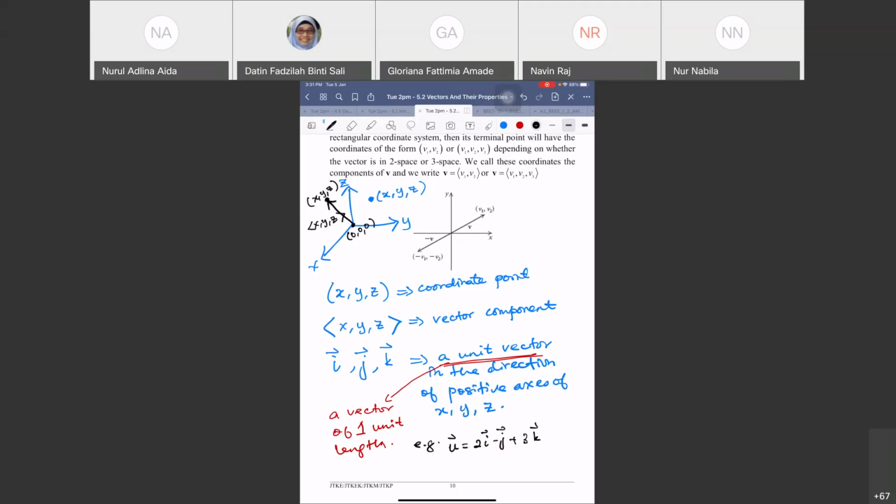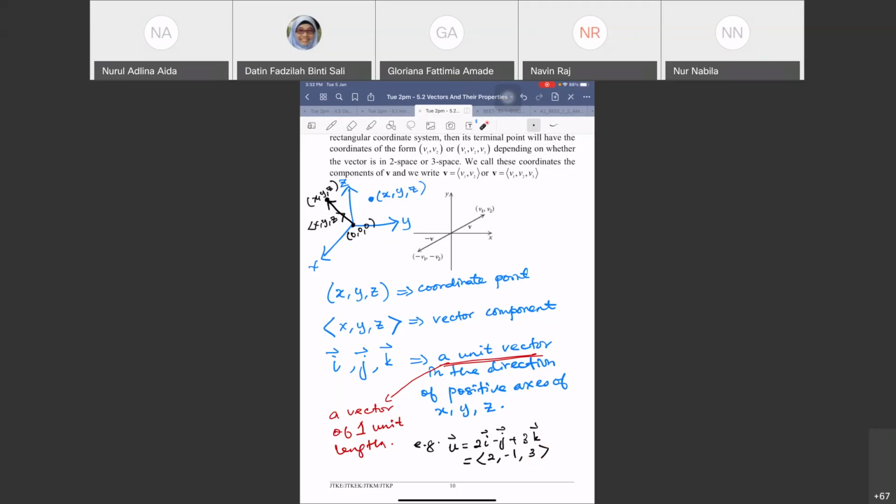Or this can also be written as (2, -1, 3). That is another vector representation in terms of components. So either you say vector u has this component or this component, it is the same. This is how we represent the components of a vector u.